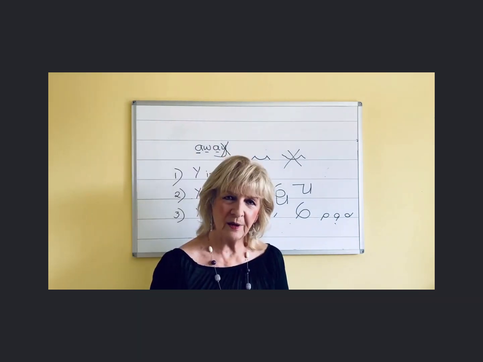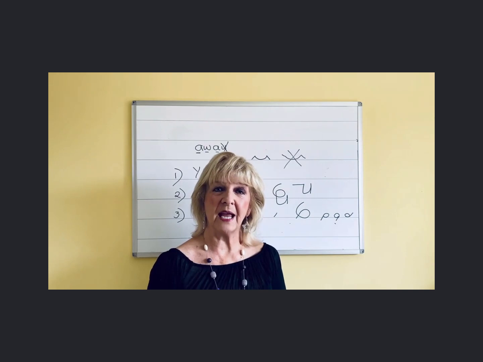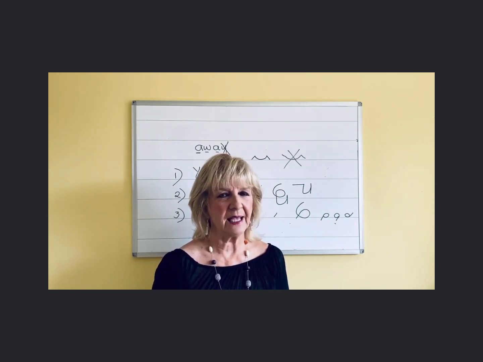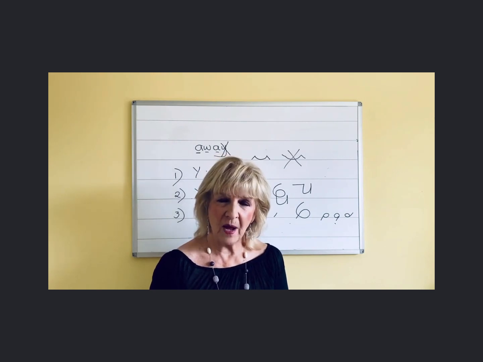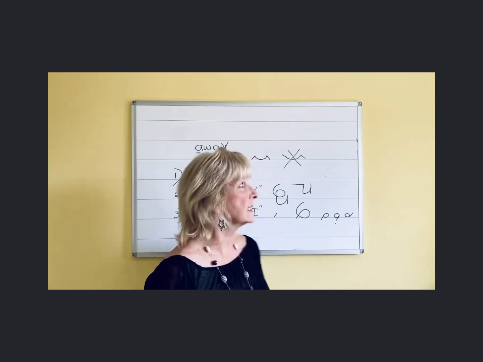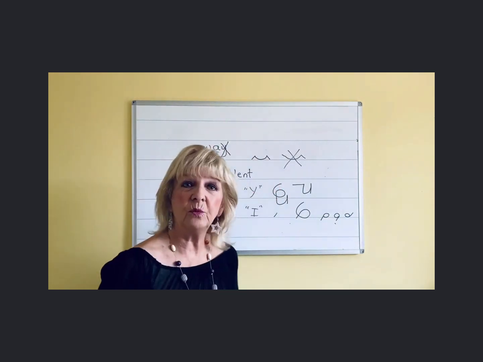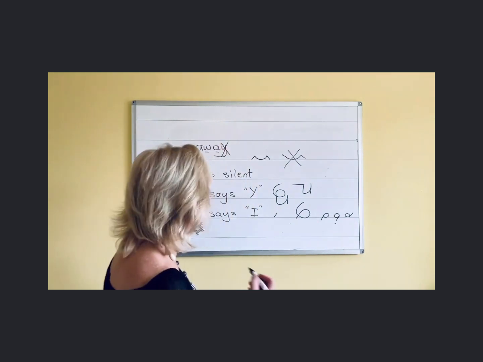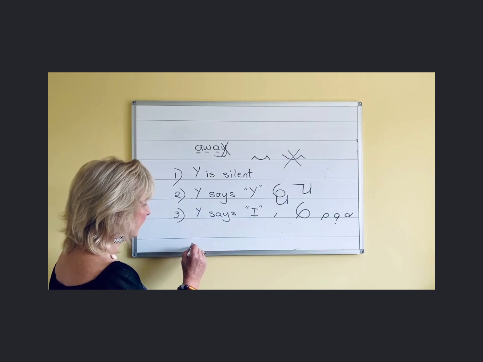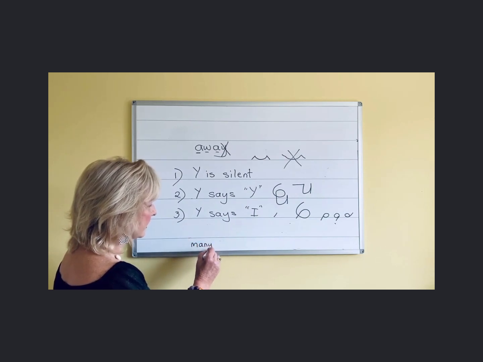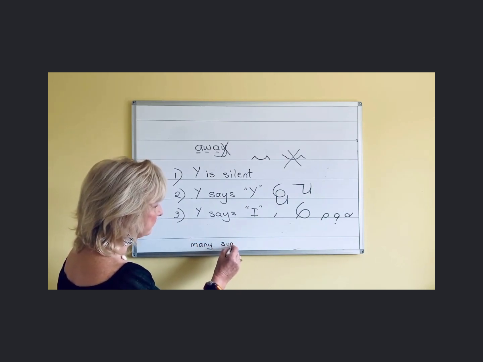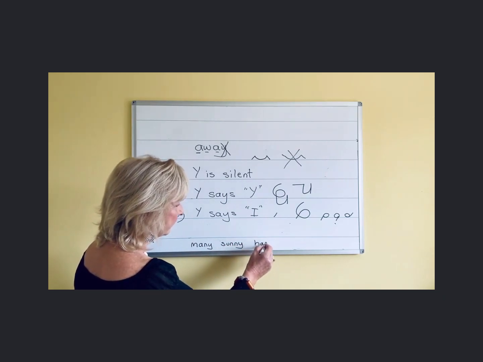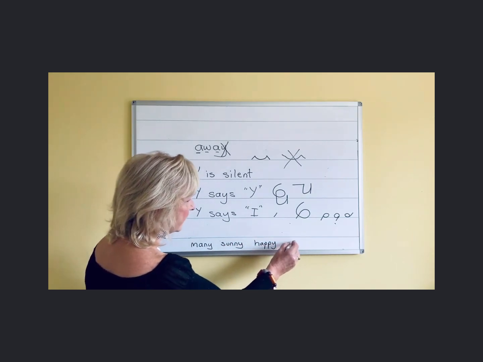Let's look at some more examples where Y comes at the end of a word and says I. Remember that saying that I gave you last time, which is down where possible, up where necessary. And I demonstrated it in the word away. So let's take a word, and there's loads of them, like many, sunny, happy, funny.